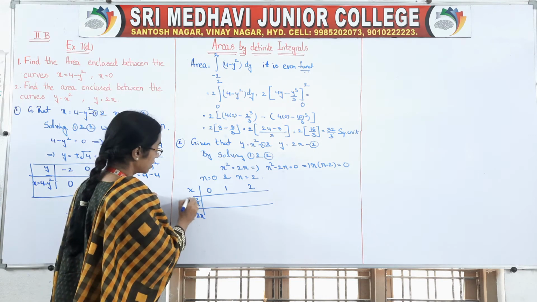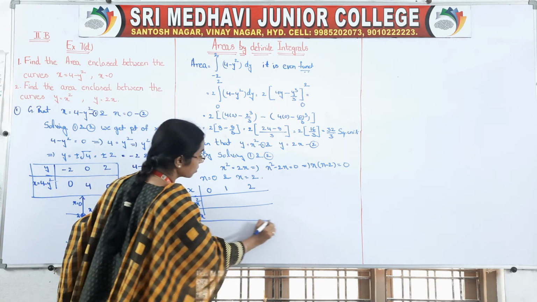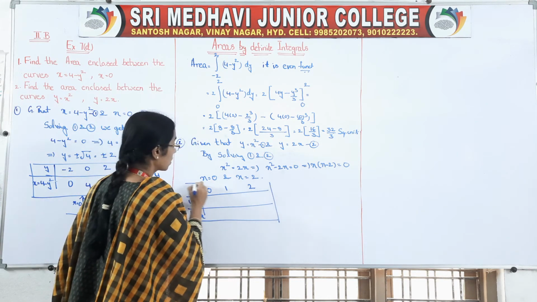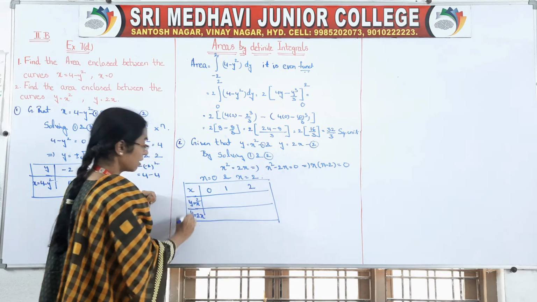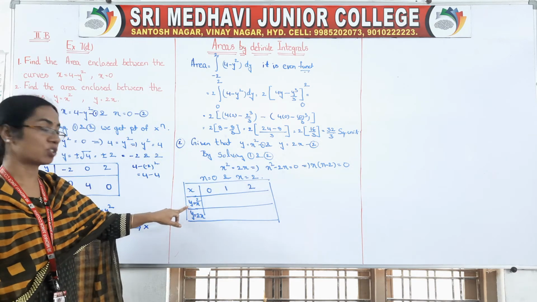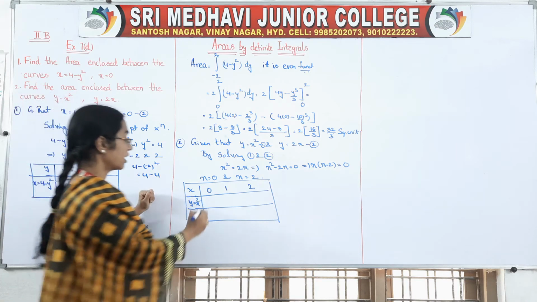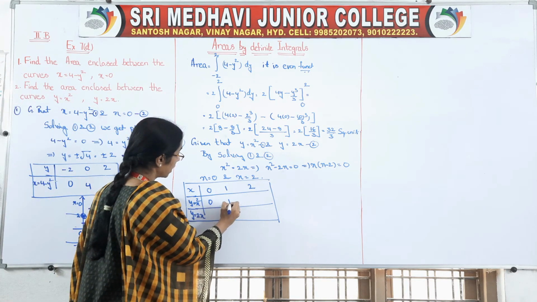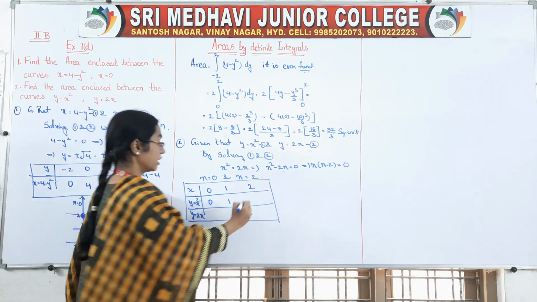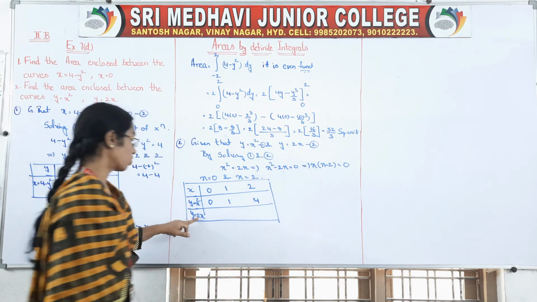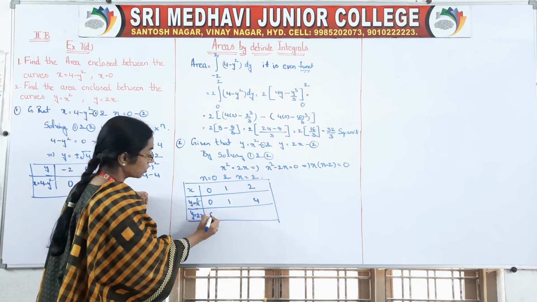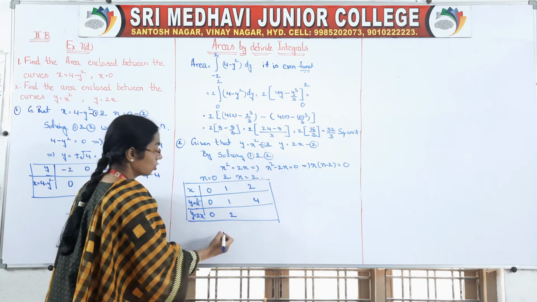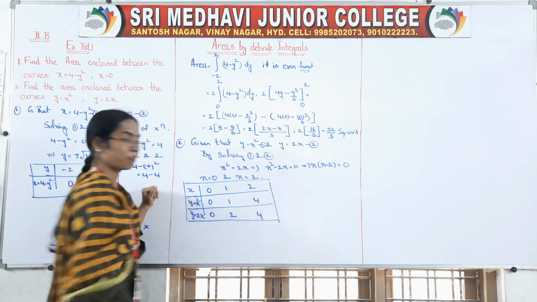Now find out the values. First substitute in y is equal to x square: 0 square is 0, 1 square is 1, 2 square is 4. Next 2x: 2 into 0 is 0, 2 into 1 is 2, 2 into 2 is 4.